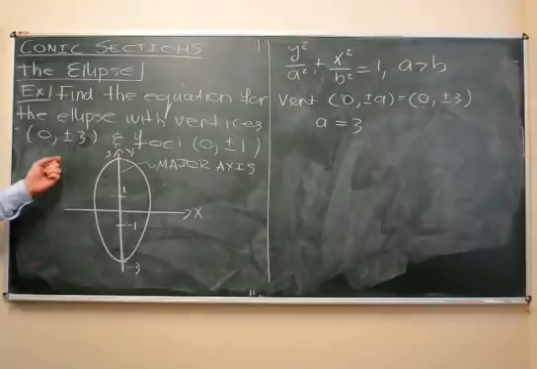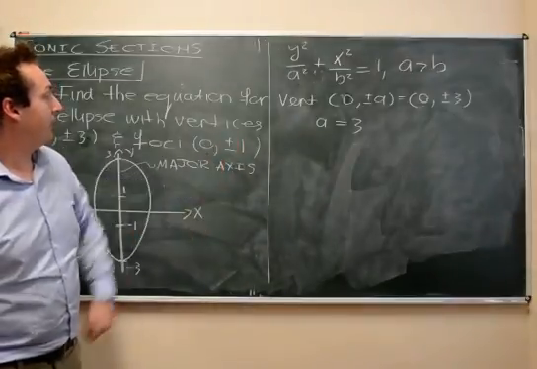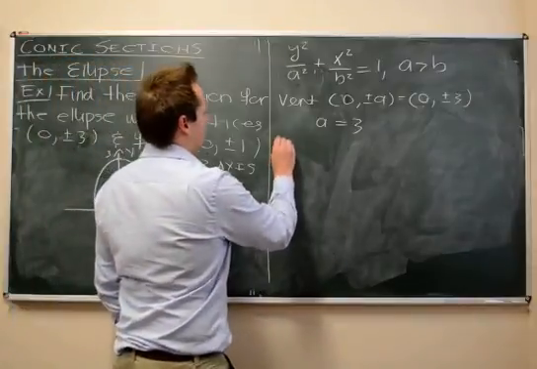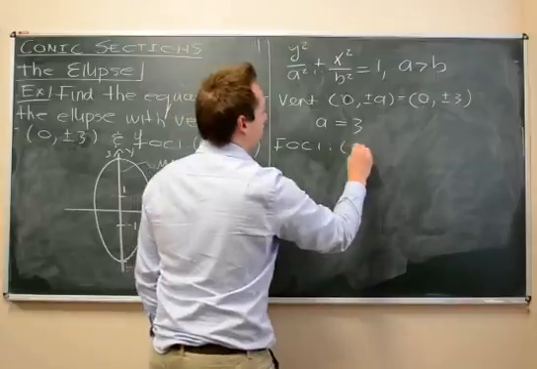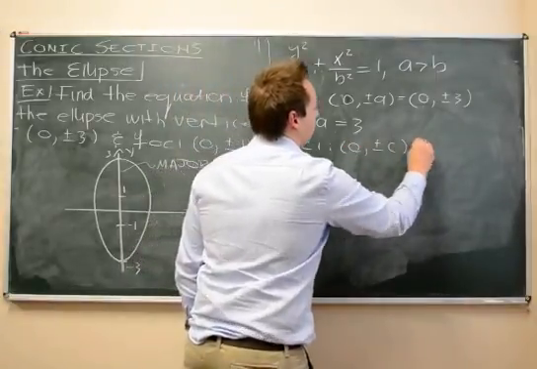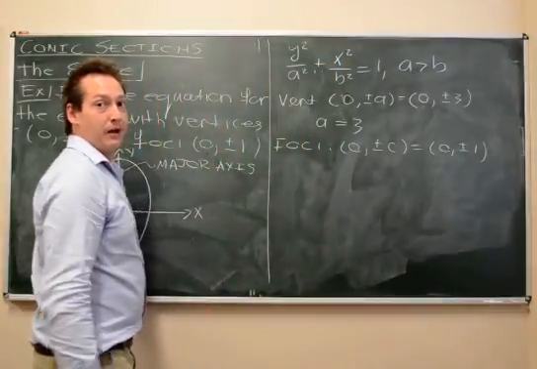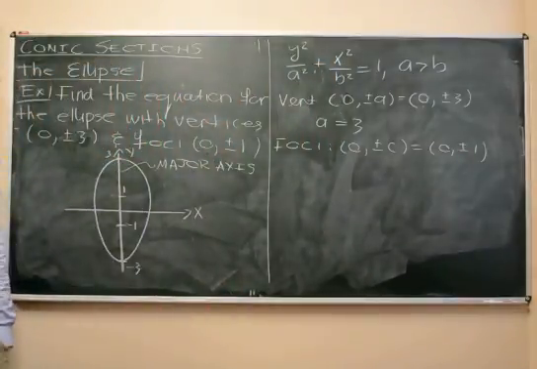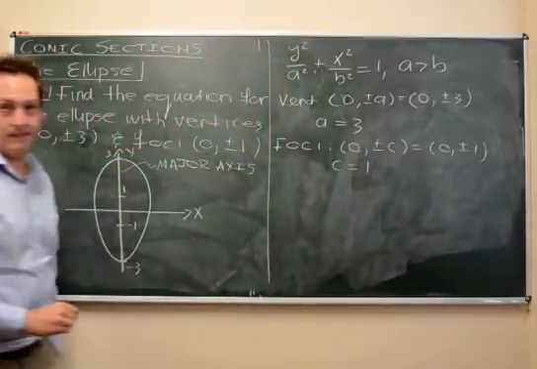Now our foci, they're at (0, ±1). And typically our foci would be at (0, ±c), and that's at (0, ±1) for this particular equation. So we see that c is 1.